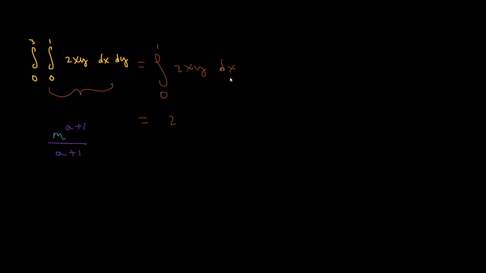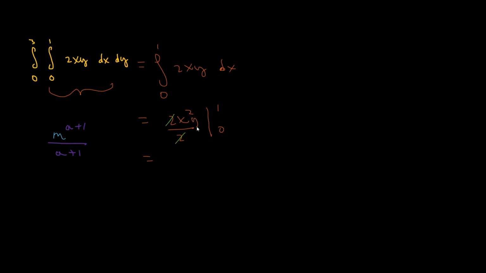So remember, we're integrating with respect to x. So x to the first power plus 1 is 2. Put the 2 on the bottom. Okay. And if you notice, the 2 just cancels out.